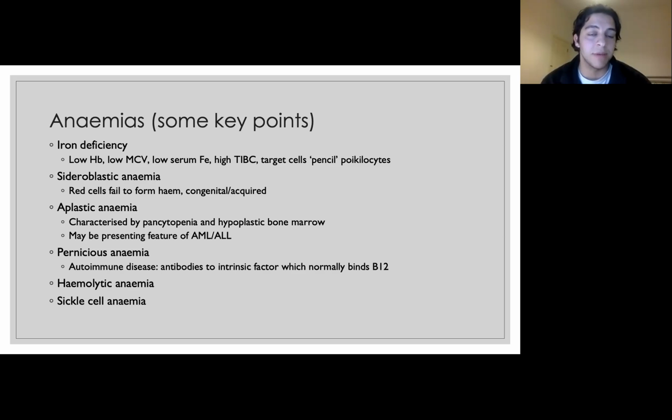It binds to B12, allowing it to be absorbed in the intestines. Pernicious anemia is a disease where you form antibodies against the intrinsic factor, so you're not able to absorb B12, which can cause a macrocytic anemia. Some other ones are hemolytic anemia and sickle cell anemia, but there's quite a lot to go into with those, so I won't touch on those today.